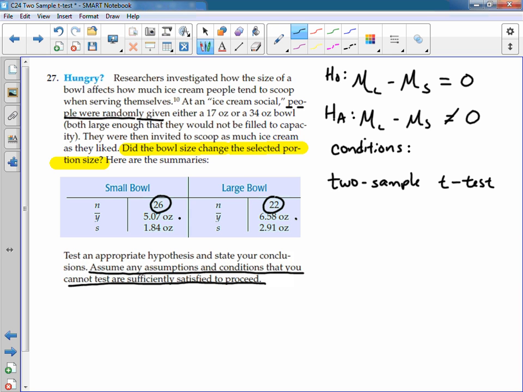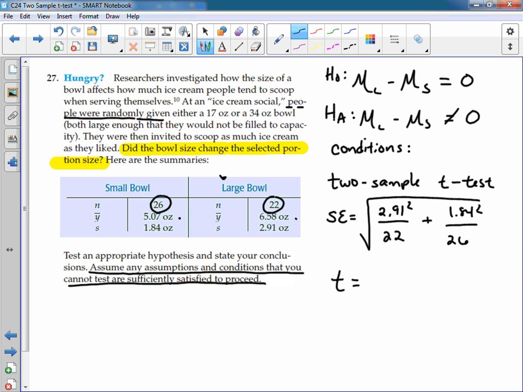Perfect. First thing I'm going to do is find the standard error. We've got 2.91 squared over 22. That's s squared over n for the large bowl. Plus we have 1.84 squared over 26 for the small bowl. Our t is statistic minus the parameter.